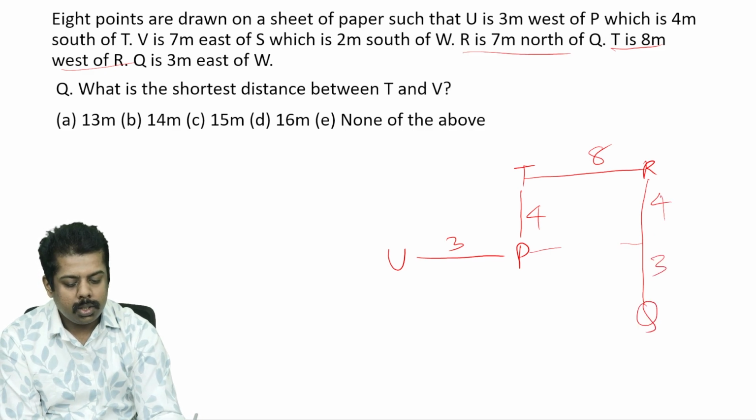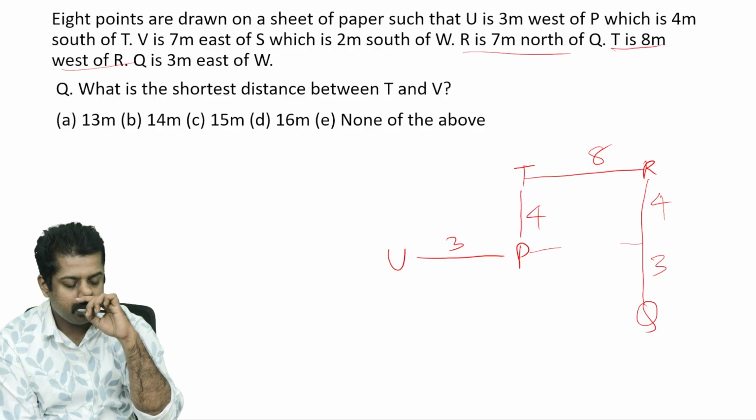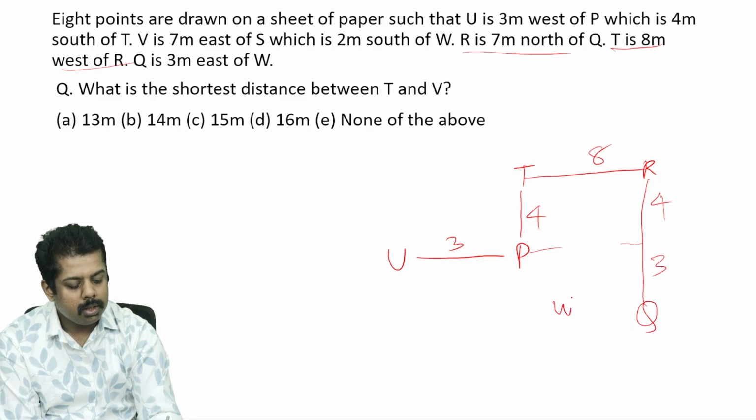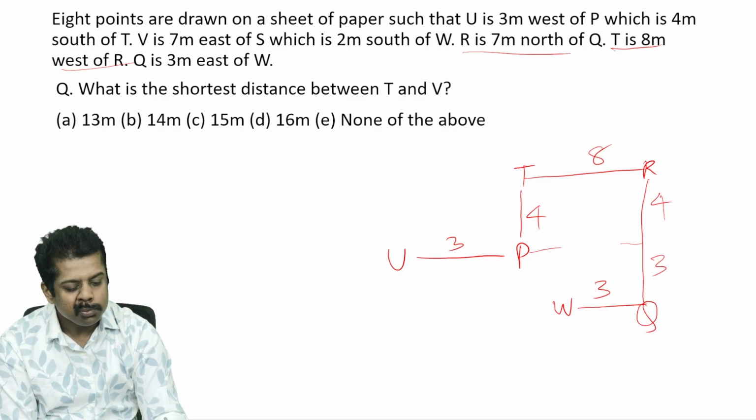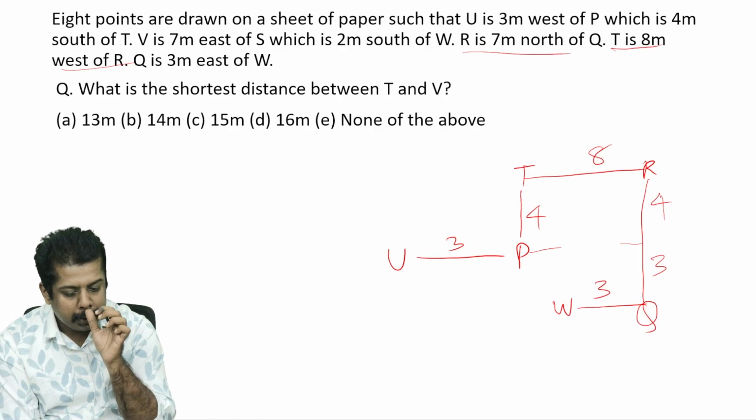Q is 3 meters east of W. So that is also a point which we can connect.